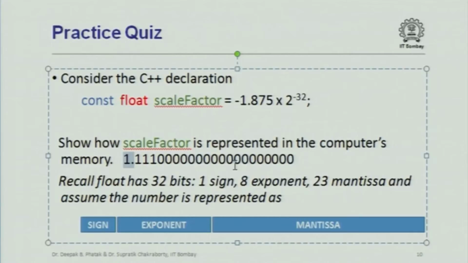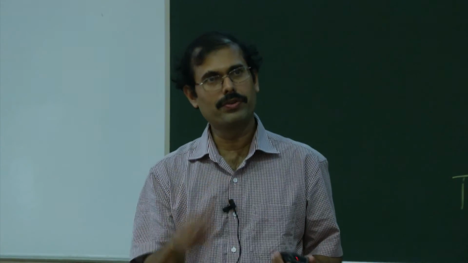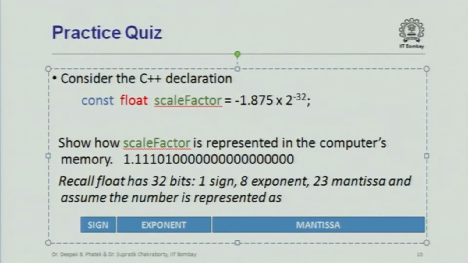Yes, the person with the green shirt. 3 ones and 20 zeros. So basically you're saying that this part is not there. How many of you got some mantissa which is different from both of these two? 001. I see. Did anybody get this?